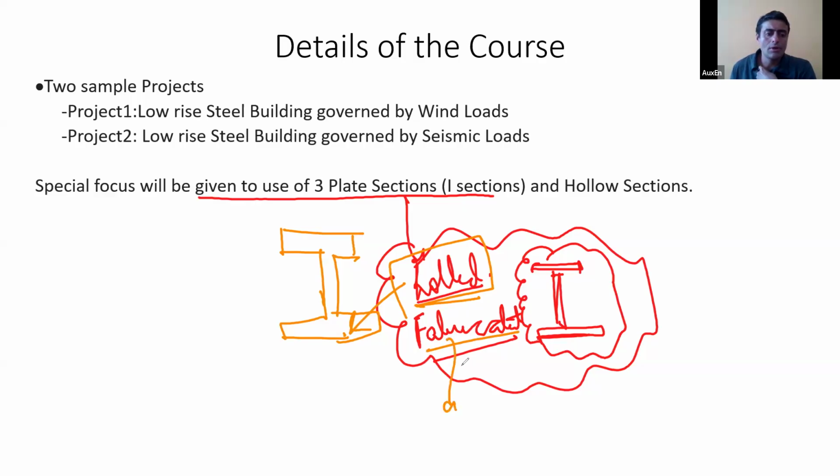So therefore, to achieve economy, people try to go for built up I sections where they will have three plates joined together. So in the earlier times, what used to happen is that you would use angles. In the books, you will quite often see these angles, and then those angles were used for connecting these plates.